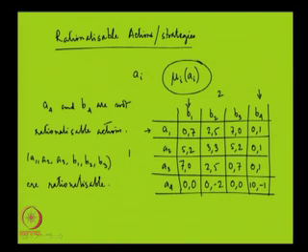If player 1 is playing A2, the best action for player 2 is to play B2. If player 1 is playing A3, the best action for player 2 is B3. If player 1 is playing A4, then there are two best actions, either B1 or B3. So, B4 is never going to be played by player 2.